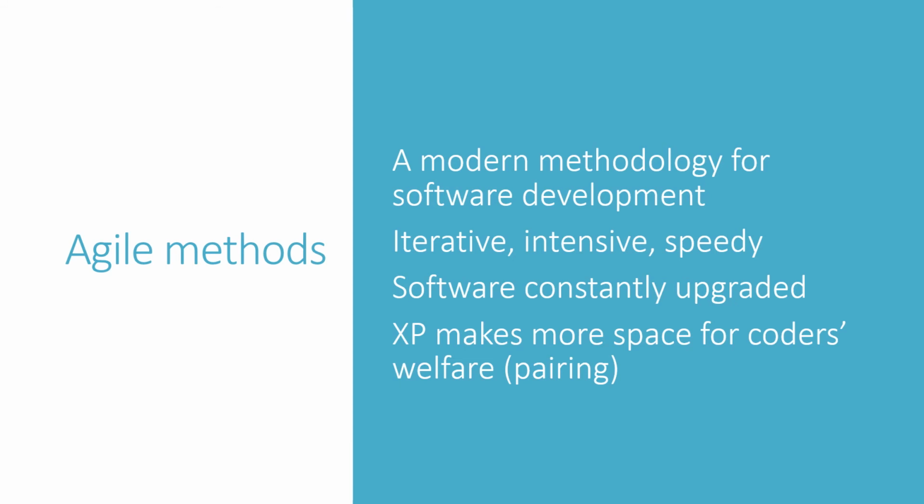So let me just summarize what we've said. Agile methods are modern ways of developing software in an iterative way where there are frequent upgrades and it's very intensive. There's been an effort to adapt it, and for some reason these new methods are called XP, and there's more emphasis on support and welfare.